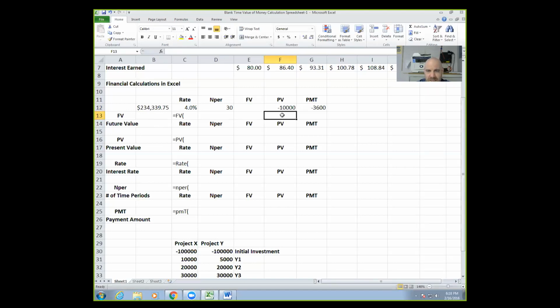So this says that you invest $10,000 initially, and then every year after that you put an extra $3,600 in for 30 years at 4%. This is what you'll have at the end, $234,000. It's a nice number. All right, so that's FV, future value.